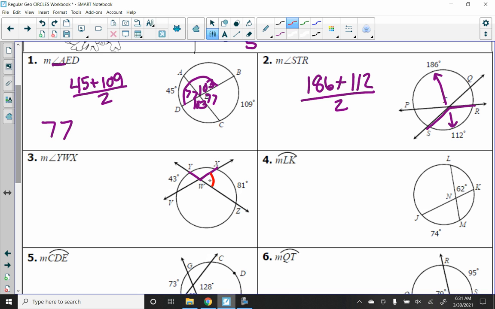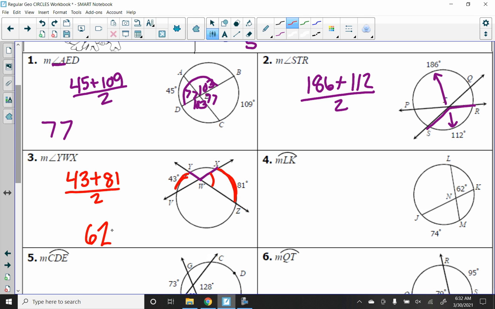So if you find that red angle, and that goes with this arc 81 and 43, you can do a half circle to get that angle. So what you would do is take 43 plus 81, which is 124, divided by 2 is 62.